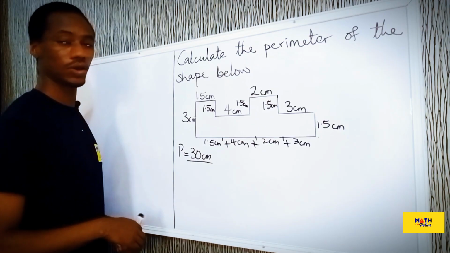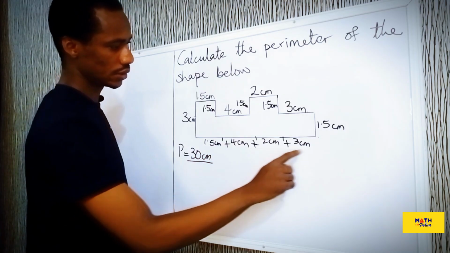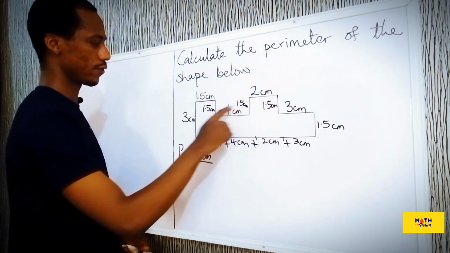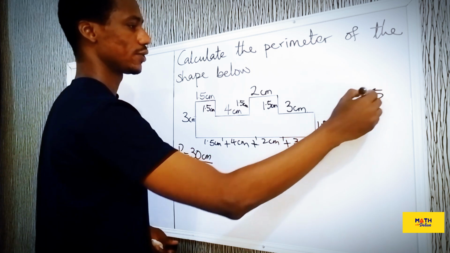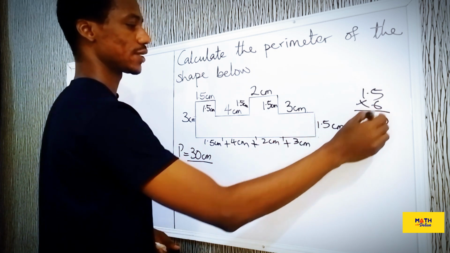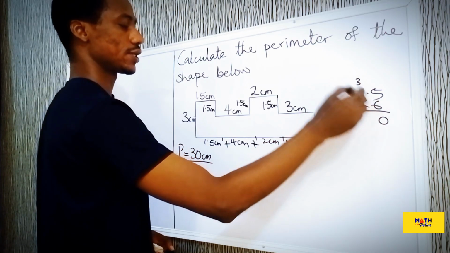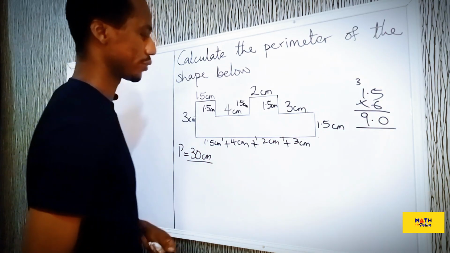So let me just pick all the 1.5. So we have 1, 2, 3, 4, 5, 6. So we have 1.5 times 6, and that will be 6 times 5 is 30, carry 3, 6 times 1 is 6, plus 3 is 9. So that's 9.0.